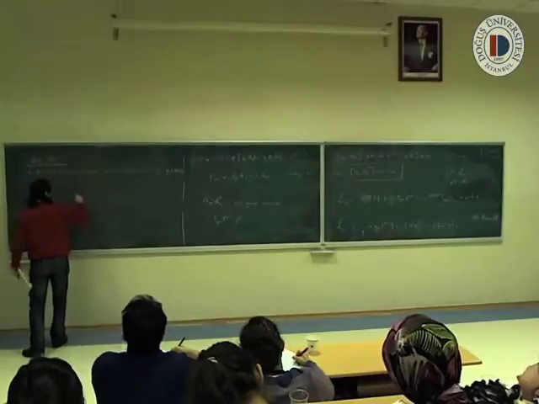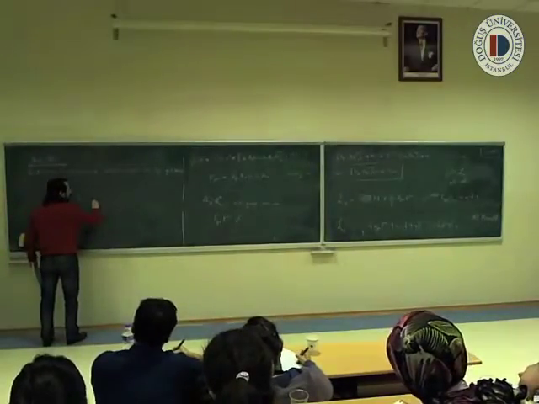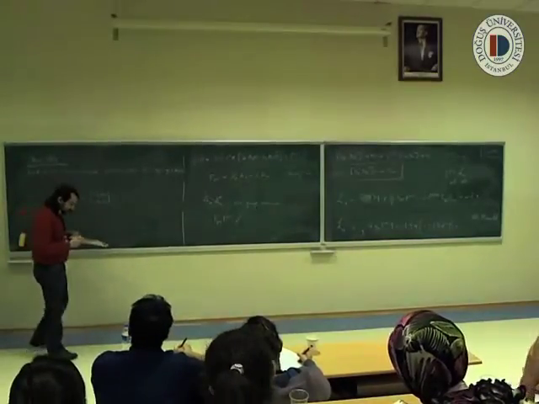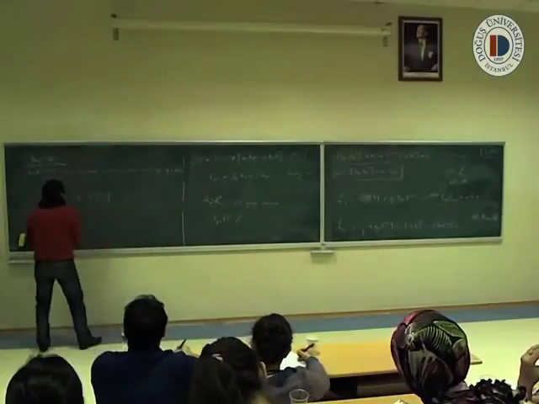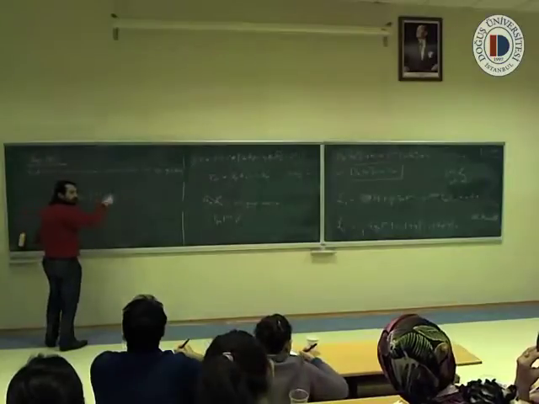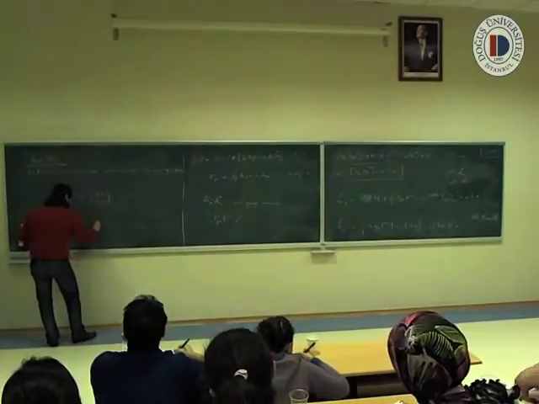Okay? So that the field, let's say, becomes a doublet of SU(2). Then the gauge transformation will take the form of, instead of, remember, we were only multiplying with the phase, something a little bit less trivial.